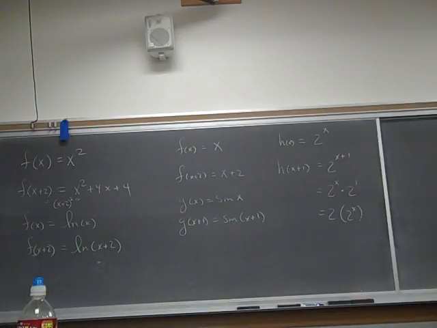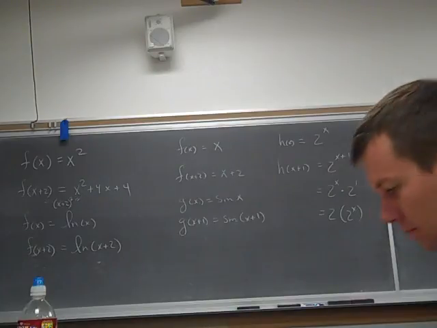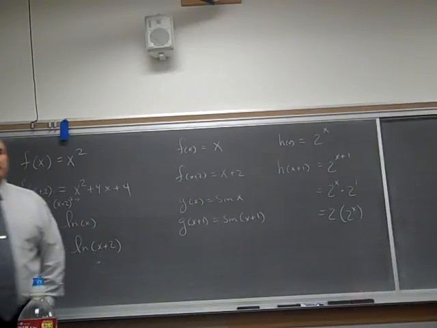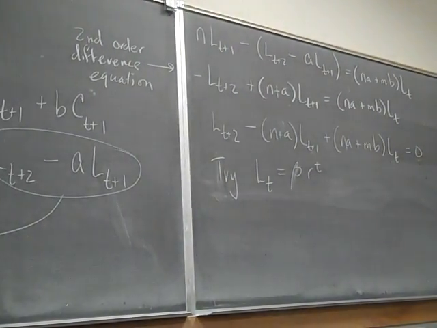So we will try L sub t being equal to beta times r to the t. So it's a simple exponential function.